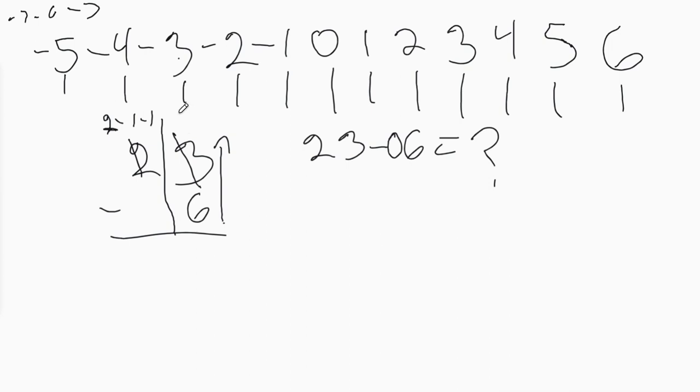And over here in this column, you're going to have 3 plus 10 equals 13. So now your new problem is going to be 13 minus 6, which is 7. And now since you have 1 here, and there's nothing, 1 minus 0 is 1, so 23 minus 6 is 17.